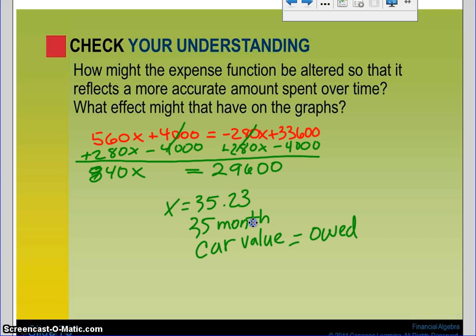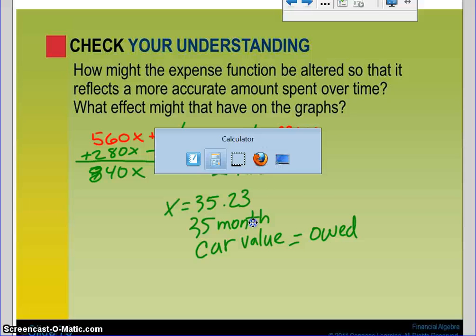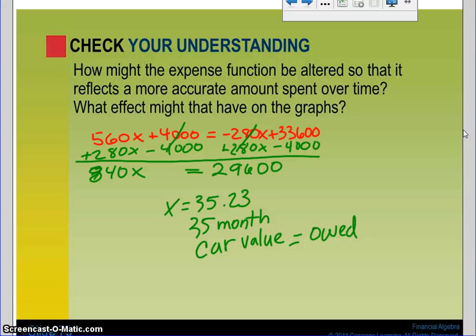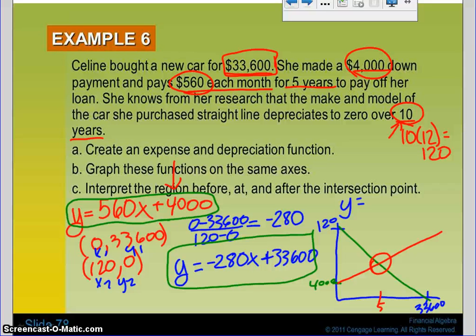Before that point, somebody is what they say upside down on their car. They owe more than what it's worth. At that intersection point that we're talking about here, let me go back to it, this is at the 35 months. And that's when their values are equal.